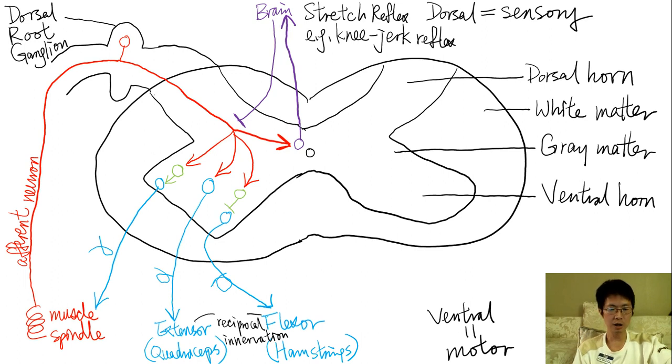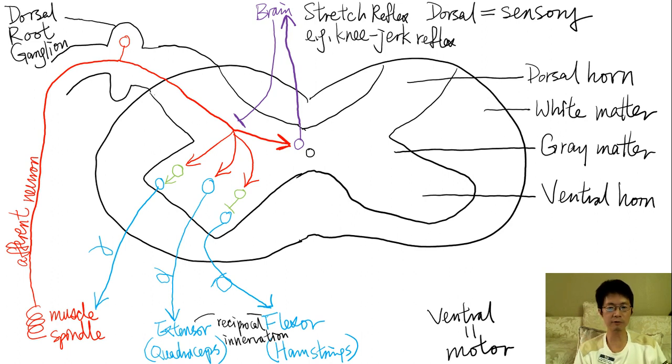When we stretch the muscle spindle, we trigger an action potential going along the afferent neuron. I told you that it splits at this point, so an action potential will go to here, and then you have the chemical synapse, so that the action potential can travel to the postsynaptic neuron here to go to your brain. Then you will feel that someone is hitting you with the reflex hammer.